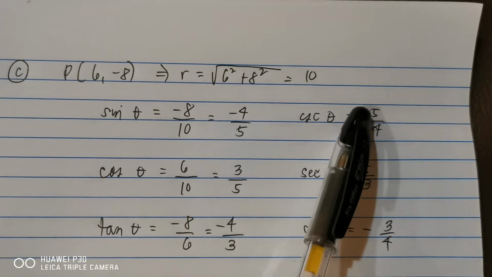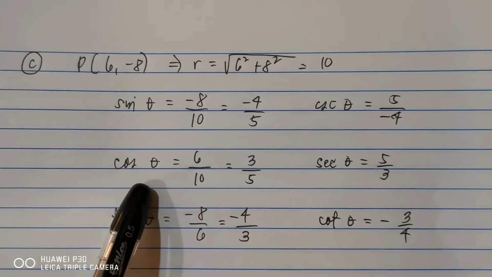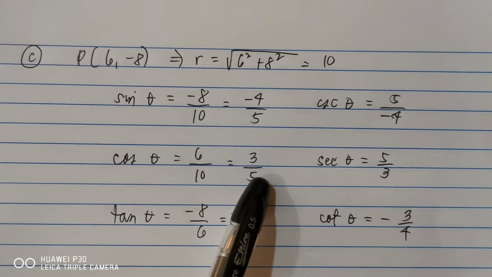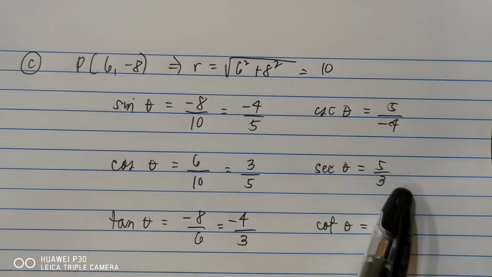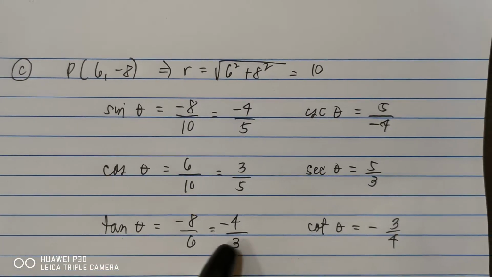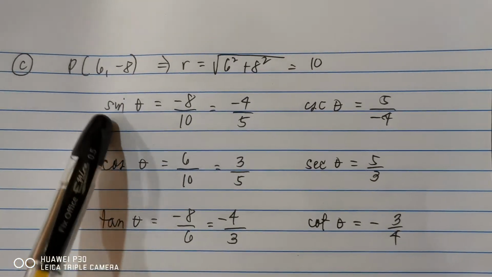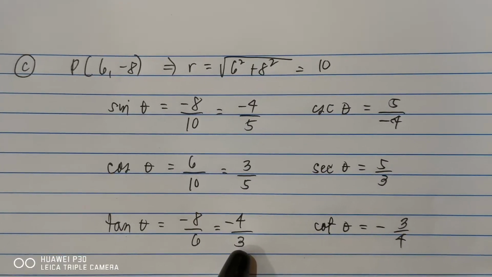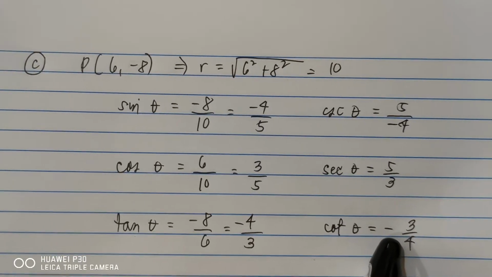Cosecant theta is 5 over negative 4. Cosine theta is equal to x over r, 6 over 10, or 3 over 5 when simplified. Secant theta is the reciprocal of cosine, which is now 5 over 3. Tangent theta is equal to y over x, negative 8 over 6, simplified into negative 4 over 3, so that the reciprocal cotangent theta is negative 3 over 4.